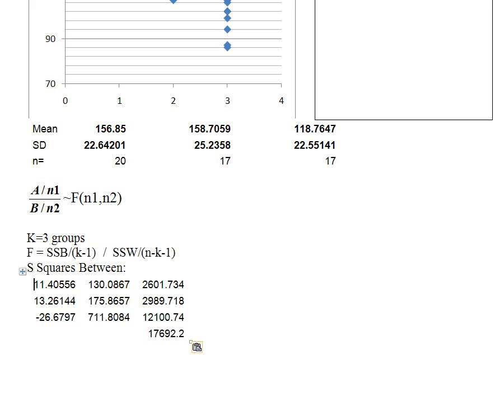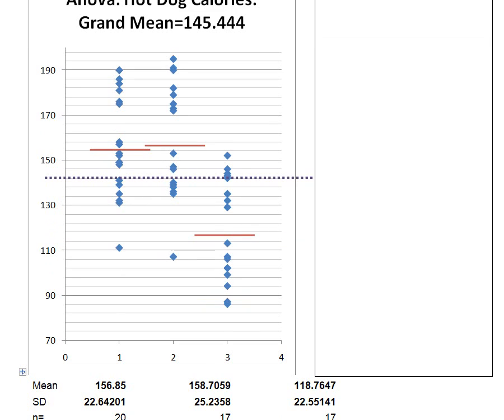Now the sum of squares within, we're going to do in a similar kind of way. Little bit more complicated though. It can be, but let's go back and look at our graph. We want to take every blue point, every data point, and see how far that point is from its own average within the group, right?